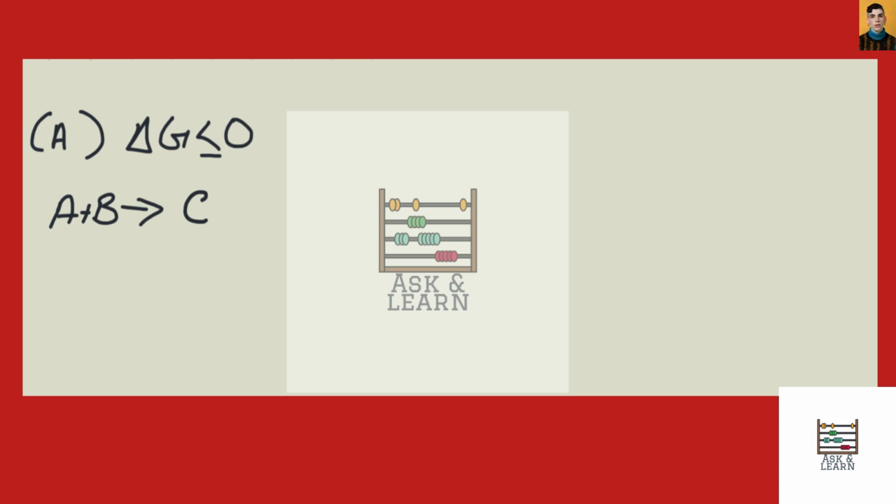Thus, if the reaction is reversed, delta G for the reverse reaction will be positive, hence it would be a non-spontaneous one. So the statement by option A is true.